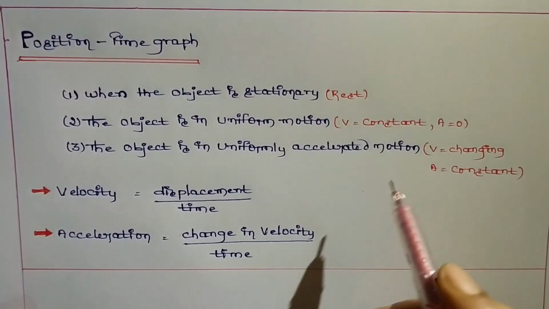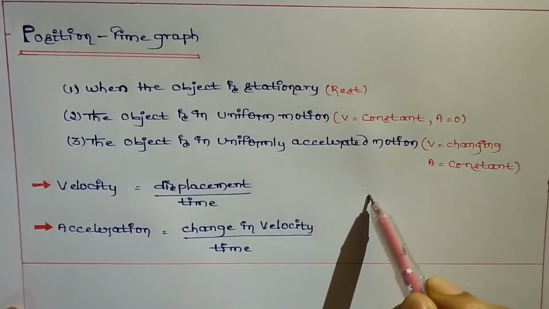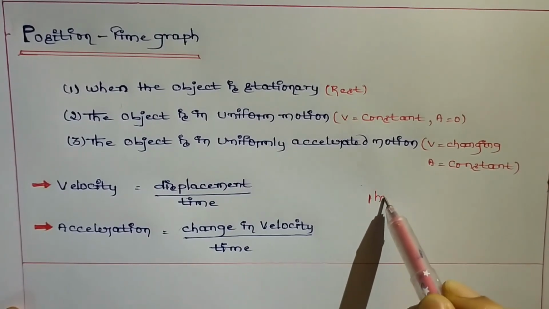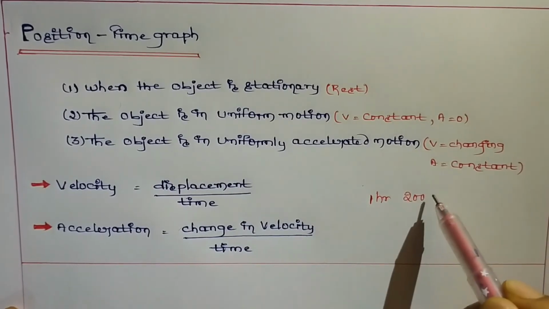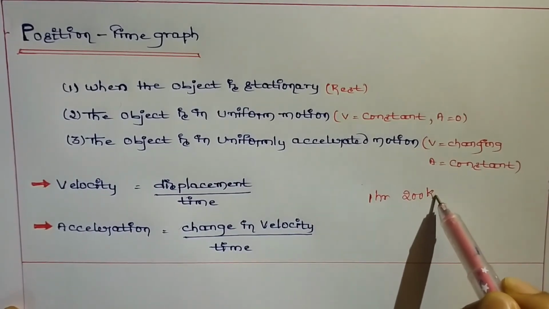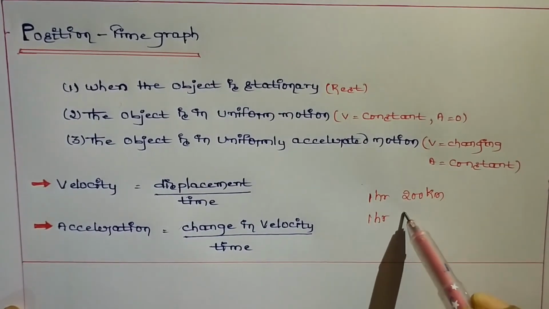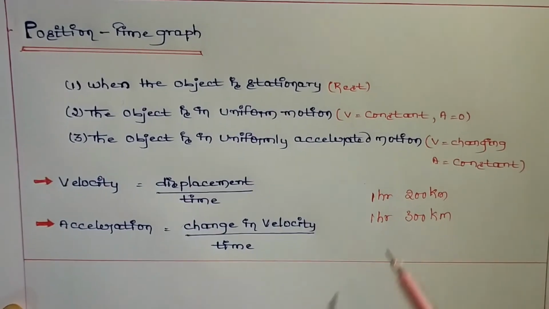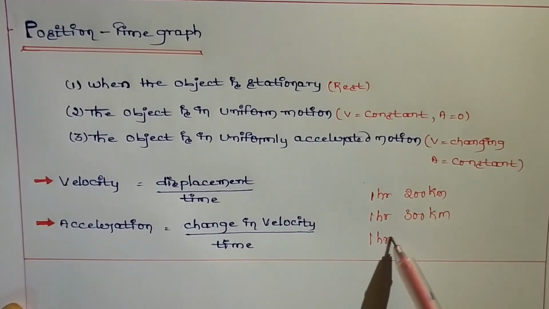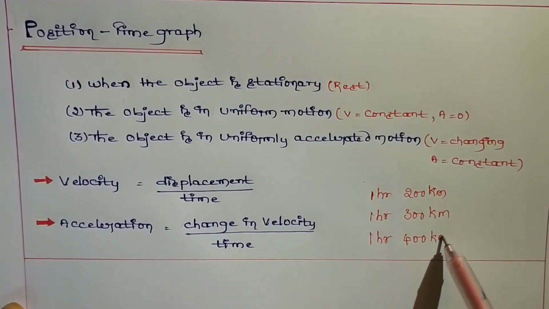The vehicle starts, and in the first 1 hour it moves 200 kilometers, and in the next 1 hour it travels 300 kilometers, and in the next 1 hour it travels 400 kilometers.